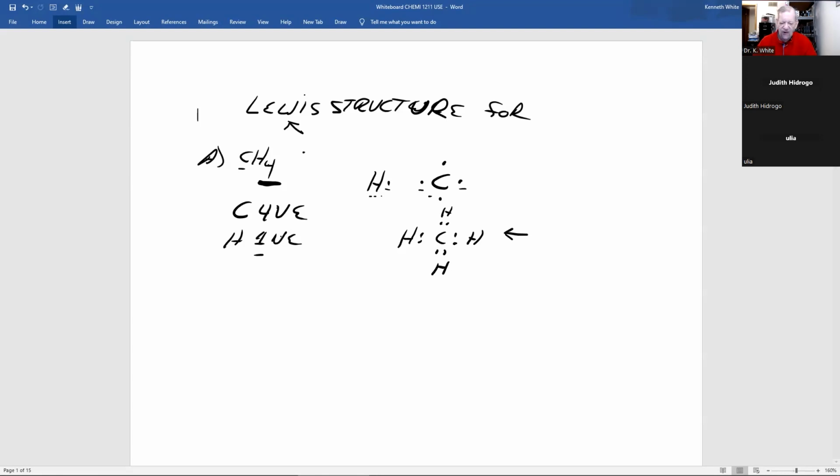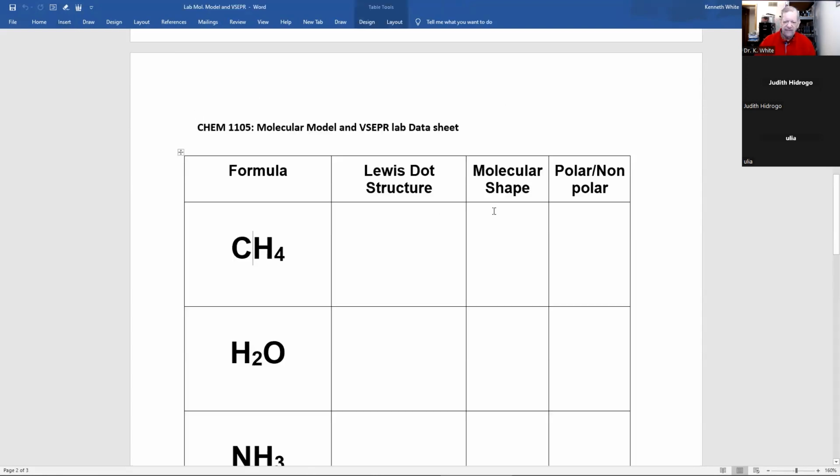Now, the next question, if we look at that chart, is the molecular shape. How do I do that? Good question. Remember, polar, nonpolar, don't do. That was easy. So how do we get the molecular shape of methane, CH4?